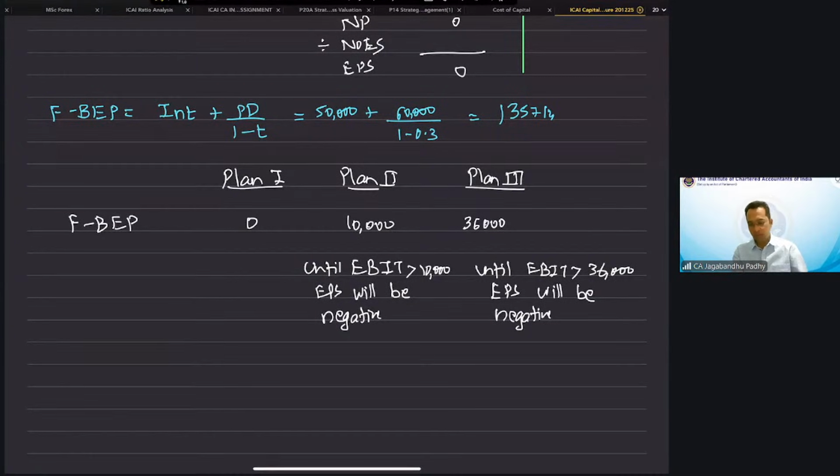Right, guys? So unless and until we see the EBIT crossing that break-even point, we won't be able to make our business profitable. So if we want our business to be profitable, or a positive EPS, we should obviously be crossing the level of break-even point, which is EBIT should be exceeding the break-even point. Right, guys?